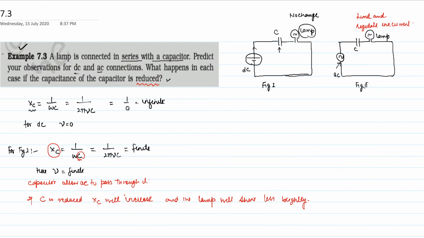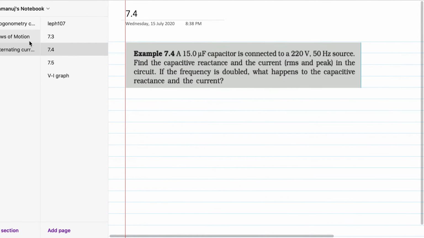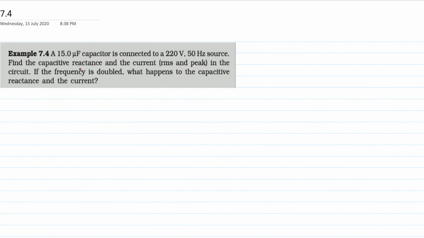Now we'll go for another problem, that is 7.4. This problem is example number 7.4, a 15.0 microfarad capacitor. So the capacitance of the capacitor is 15.0 microfarad, which is 15.0 times 10 to the power minus 6 farad.